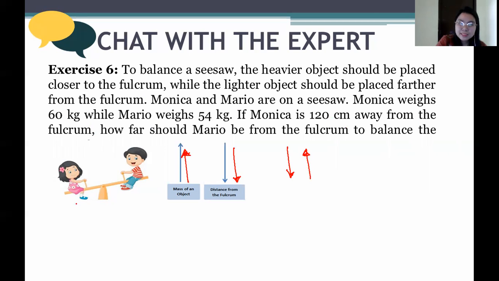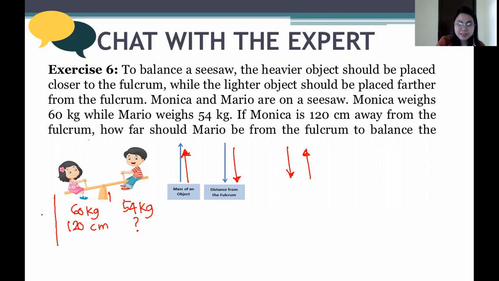Monica and Mario are on a seesaw. Monica weighs 60 kilograms, while Mario weighs 54 kilograms. If Monica is 120 cm away from the fulcrum, then how far should Mario be from the fulcrum to balance the seesaw?